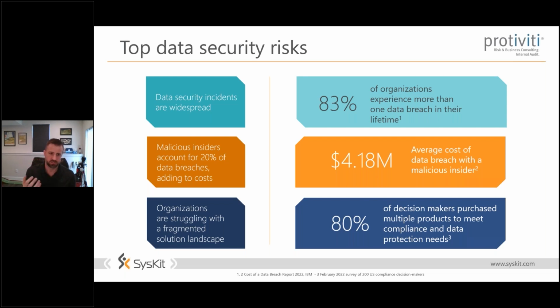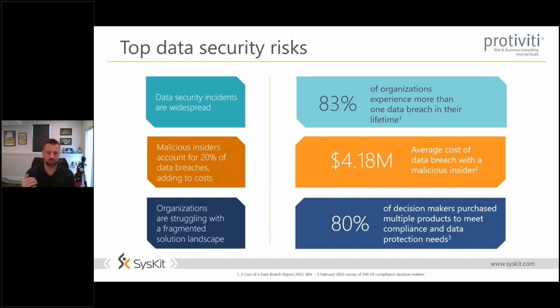You're going to struggle with that because you might have all these separate solutions. How am I going to do classification in Box? How am I going to do classification out in Google if I'm required to do that? And then how do I protect that data in those other cloud locations?